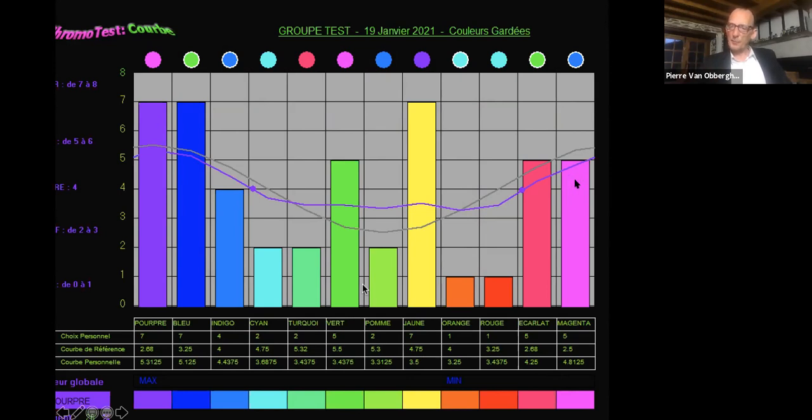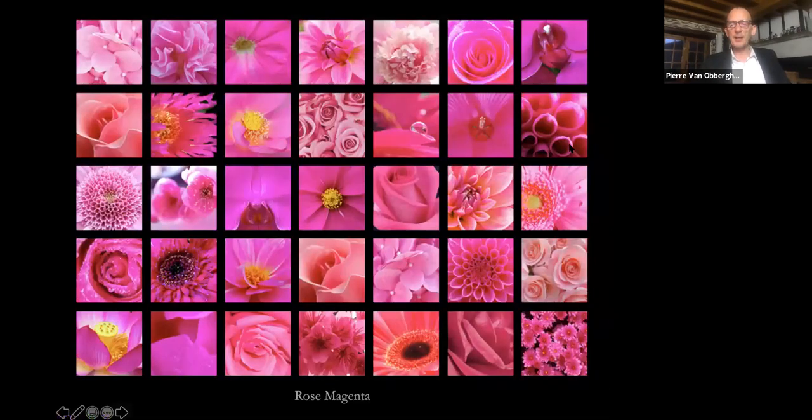We kept 5 magenta, which is balanced. If you keep 3, 4, or 5, it's balanced. So you remember that magenta is related to the heart. This is the flower in the natural symbolism. This is a course about natural symbolism.